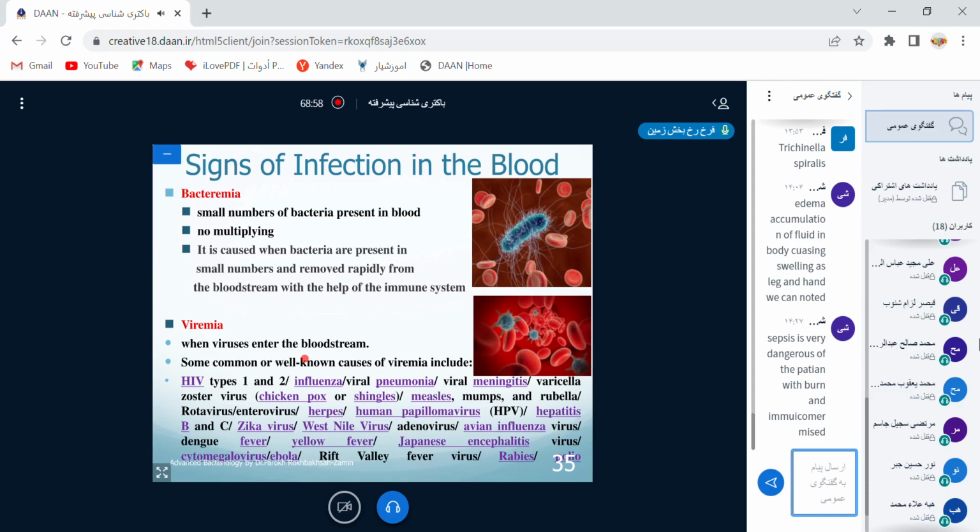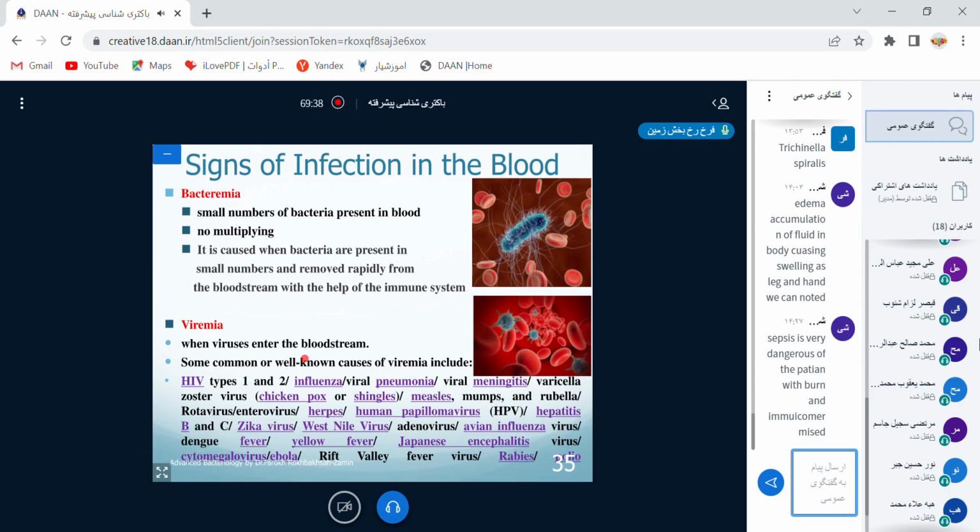But the main difference between viremia and septicemia is that in septicemia, all the pathogenic bacteria present in the blood can multiply, but in viremia, all viruses present in the blood don't have any multiplication because viruses are obligate intracellular parasites.